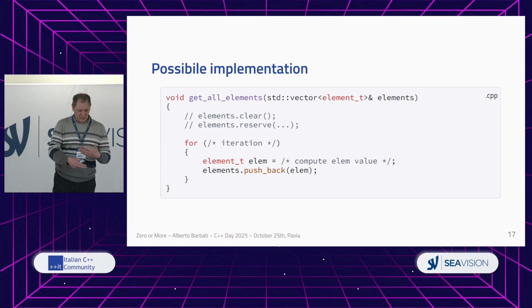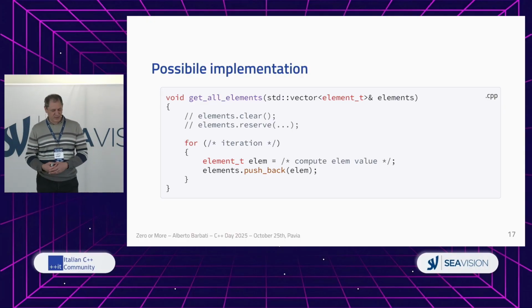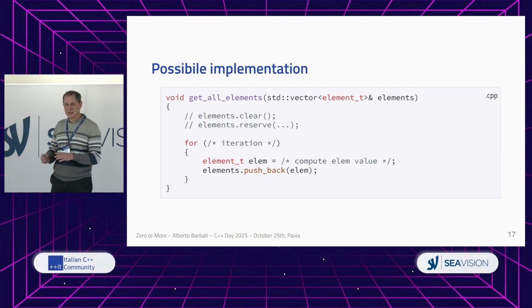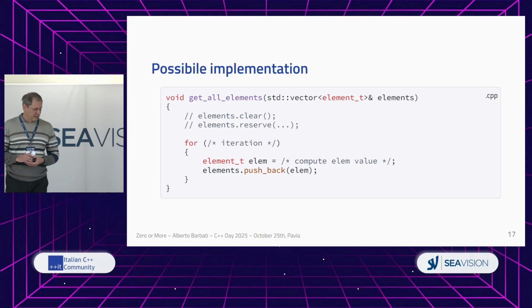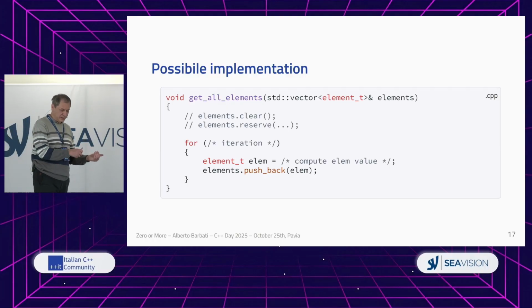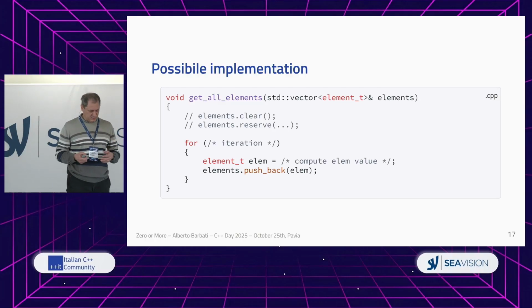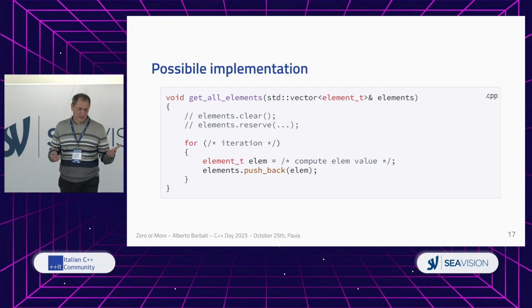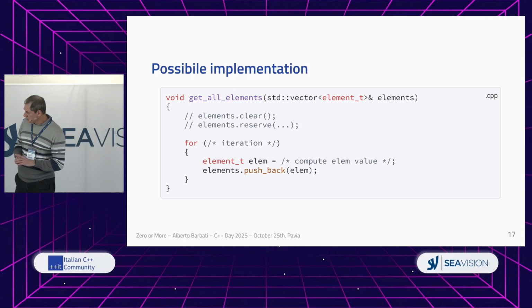Maybe you reuse the variable several times, and the vector keeps getting bigger without you knowing, and you have to manually clear it before calling the function. So it's a bit not nice.